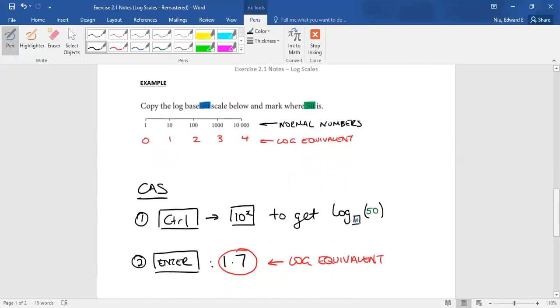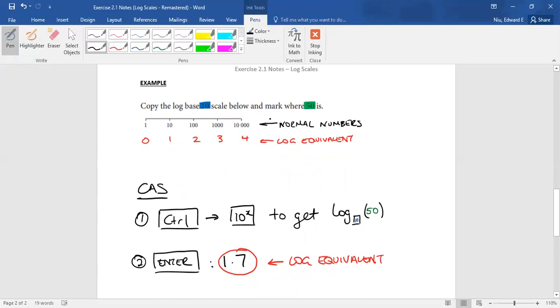So here's an example. What we have to do is copy the log base 10 scale, which is down below, and mark where the number 50 is on the normal number line, because we're given normal numbers as intervals on this number line.